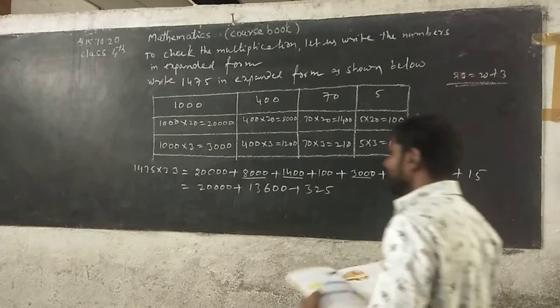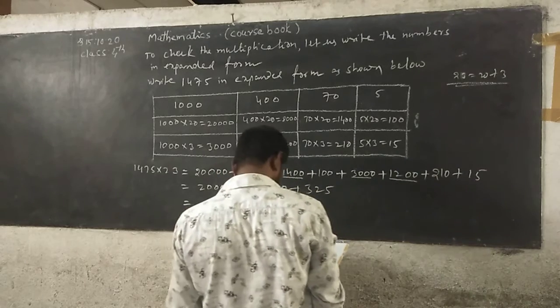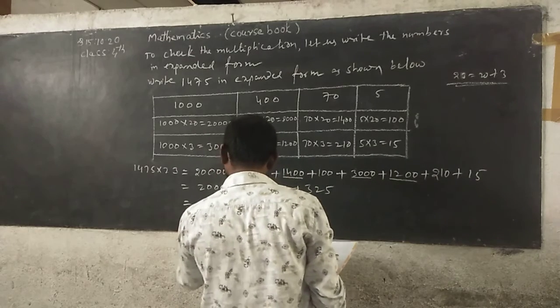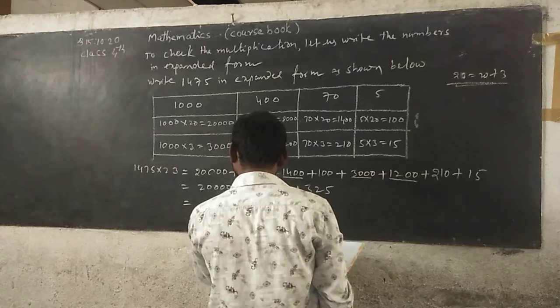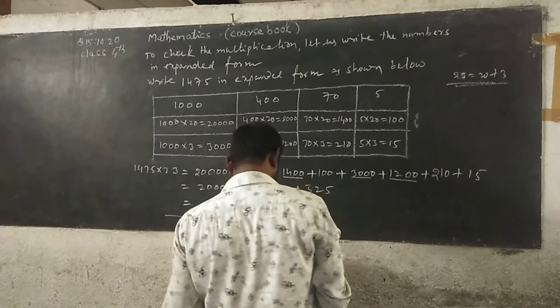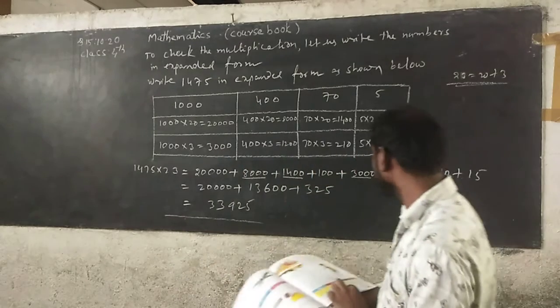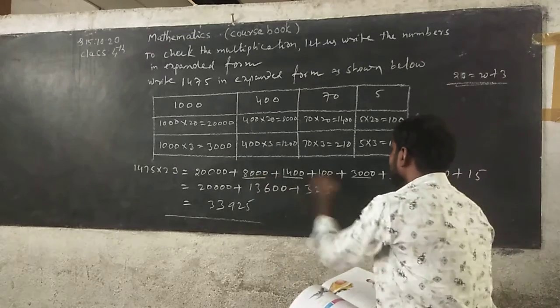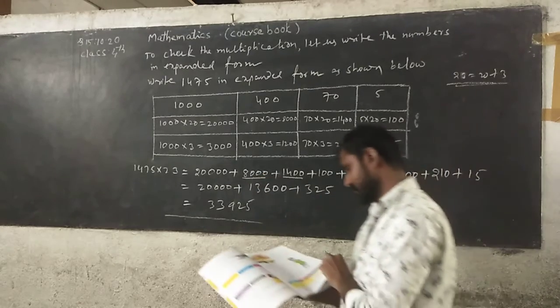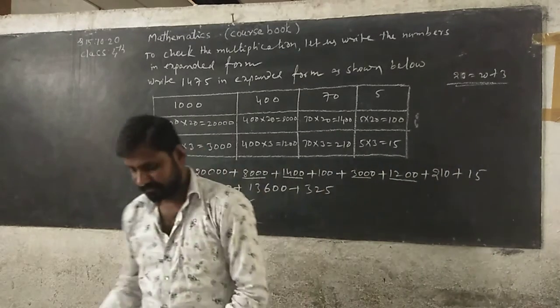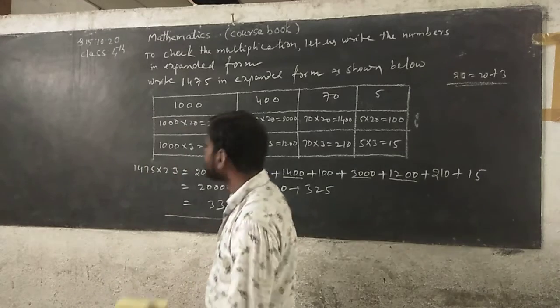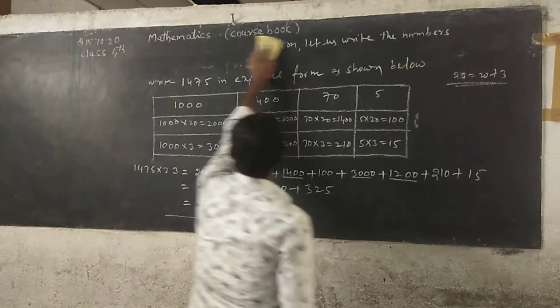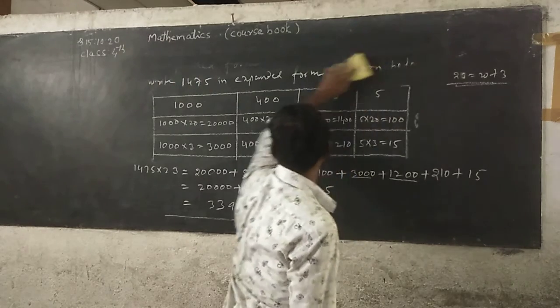So what do we get, beta? You get 33,925. You can add, you will get the answer.